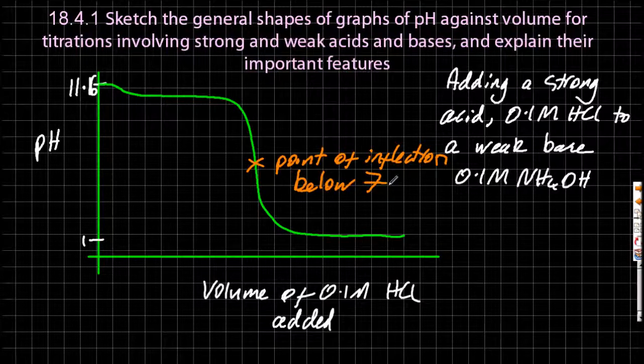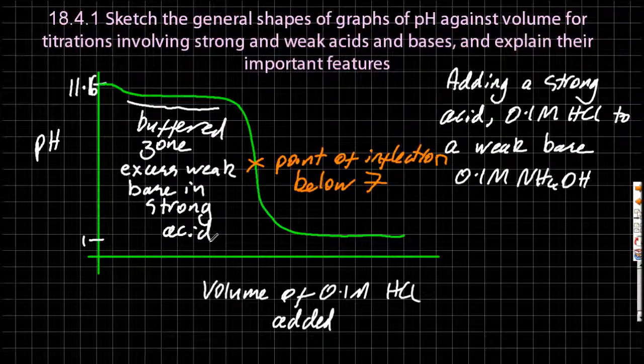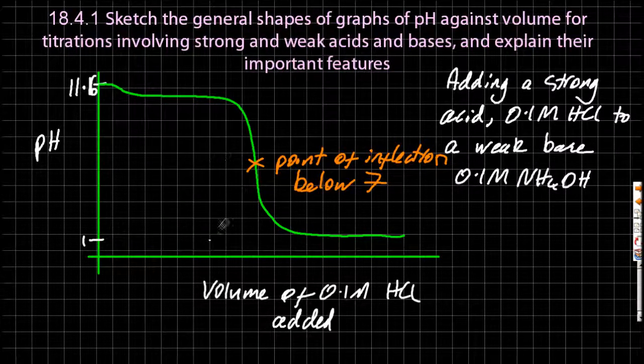So the point of inflection again is below 7. It's towards the stronger chemical. There's the buffered zone, because I've got more weak base than I do strong acid, and that's what I've made a buffer with there. So the pH is resilient to change there. The buffer zone refuses to change when I add the acid.